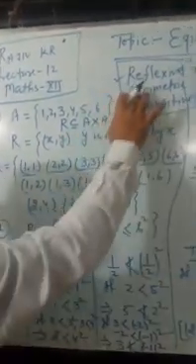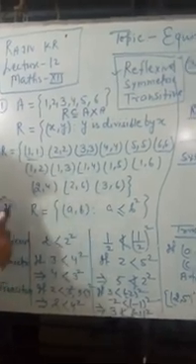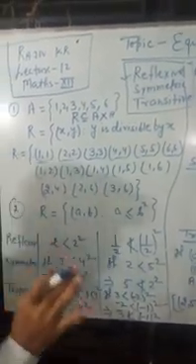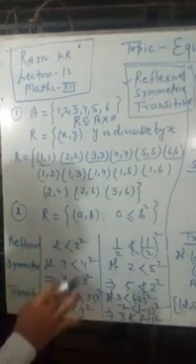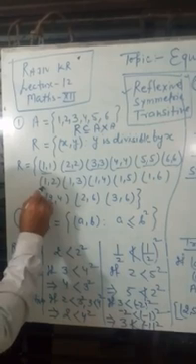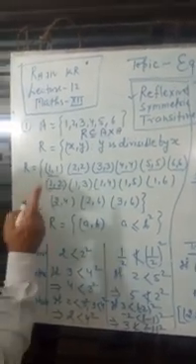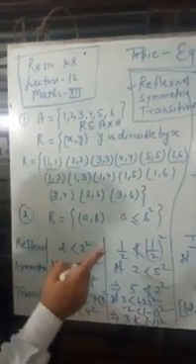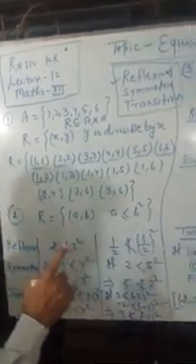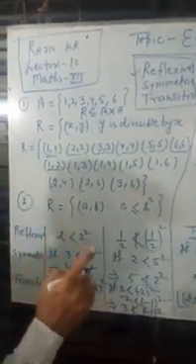Second is symmetric. In a symmetric relation, if the first element and second element show the relation, then the inverse also shows the relation. Suppose 1 divides 2. If 2 divides 1, that is symmetric. But 2 does not divide 1, so that is not symmetric.